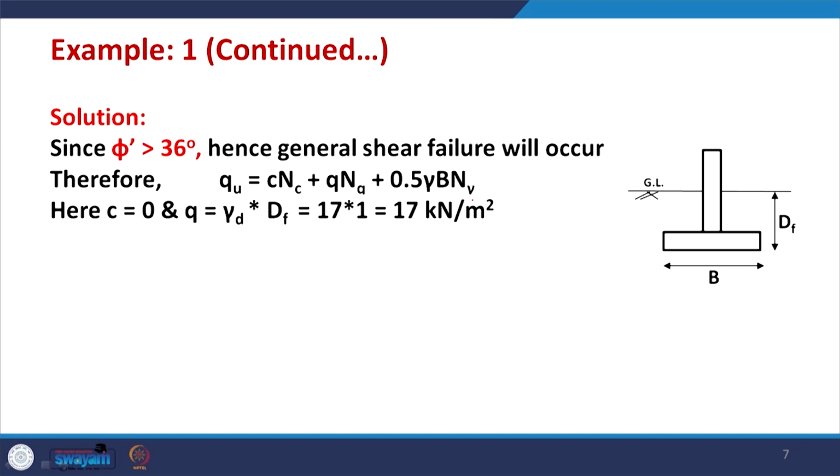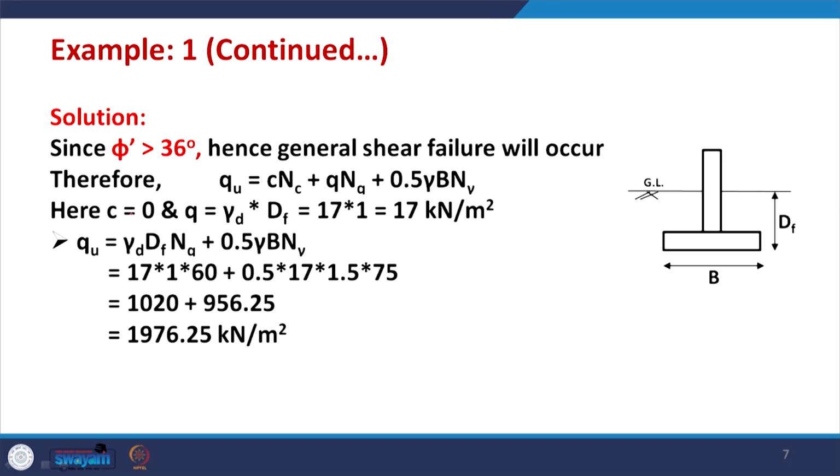Here, being granular soil, C equal to 0, while for the value of q, we need to remember that q in this case is nothing but the surcharge. So, the surcharge will be gamma d into D f because there is no water, where gamma d value was 17 and the depth of footing D f was given as 1 meter and B is given as 1.5 meter.